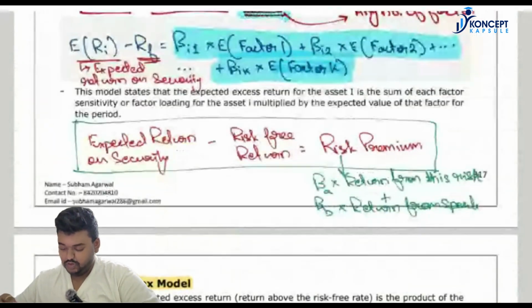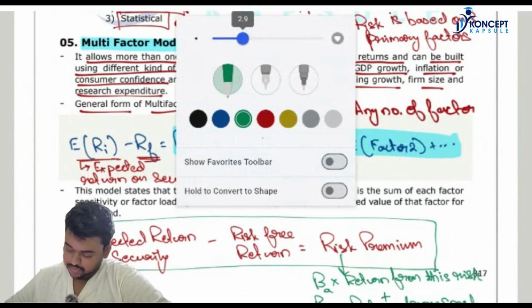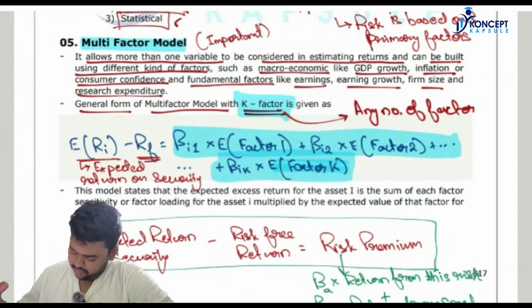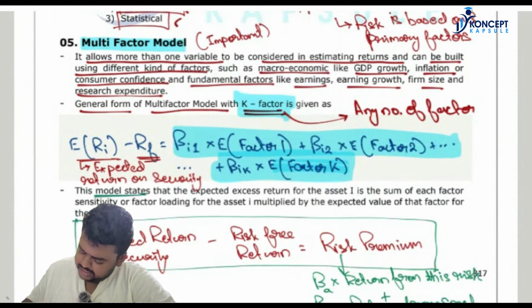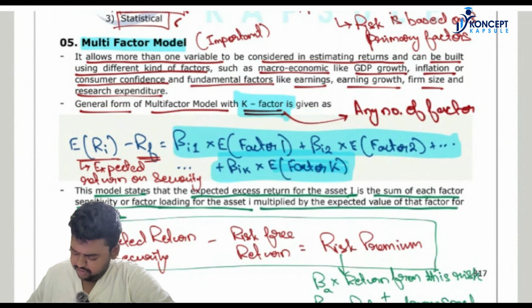Okay, let us read what it is saying. This model states that the expected excess return on asset I is the sum of each risk factor sensitivity or factor loading of the asset I multiplied by the expected value of the factor for the period.